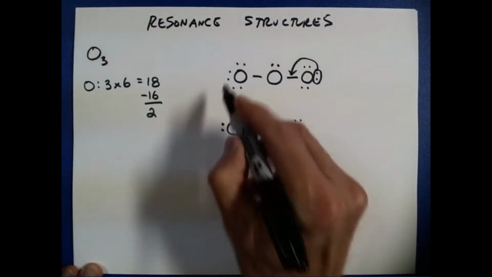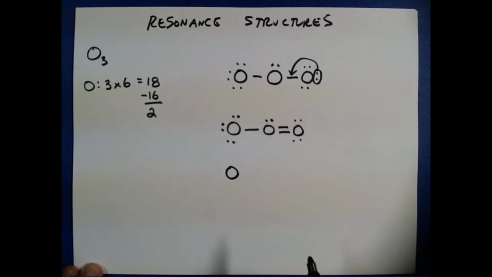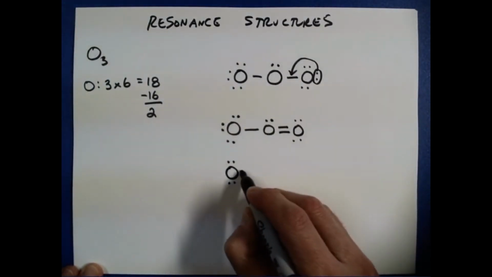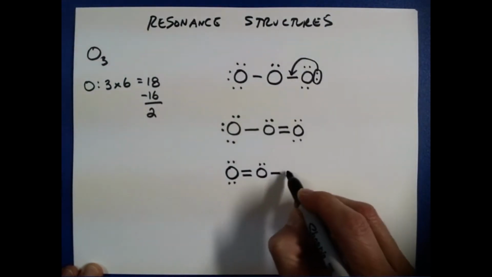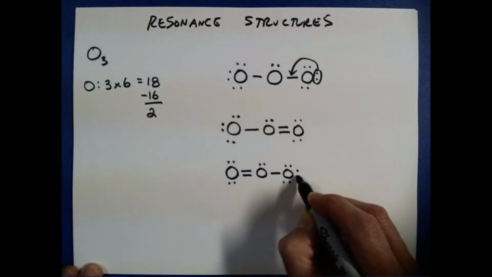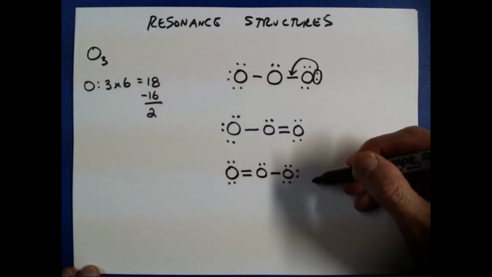I could have easily said, I'm going to move these 2 electrons into the bond with the central oxygen, and if I would have done that, I could have drawn this particular Lewis structure like this. And this is a good Lewis structure, and this is a good Lewis structure.